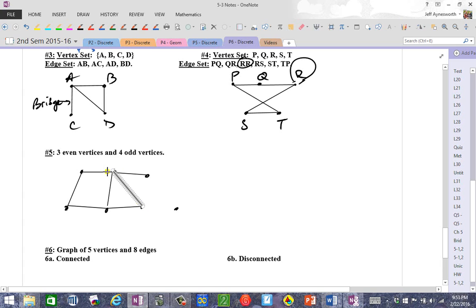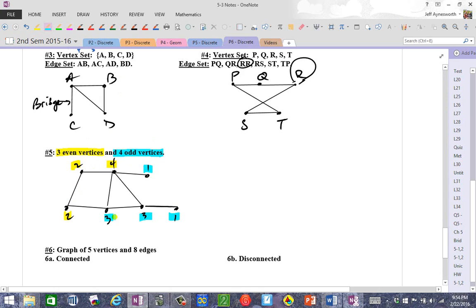That's degree 4. Degree 1. So degree 1, degree 4, degree 3, degree 3, degree 1, degree 2, degree 2. So we've got 1, 2, 3 evens, 1, 2, 3, 4 odds. Ooh, we did it. All right, 3 evens. We want 3 even vertices, and then 4 odd vertices.